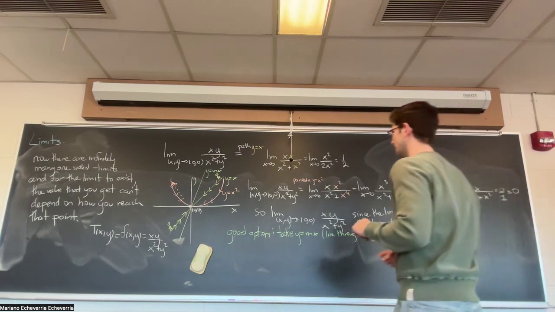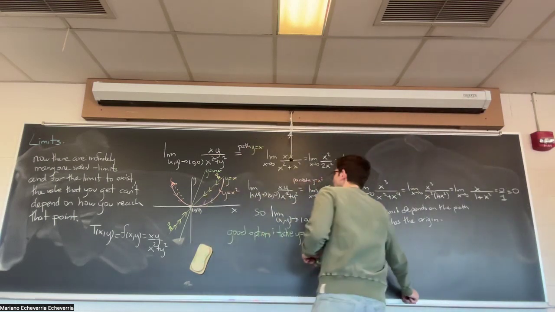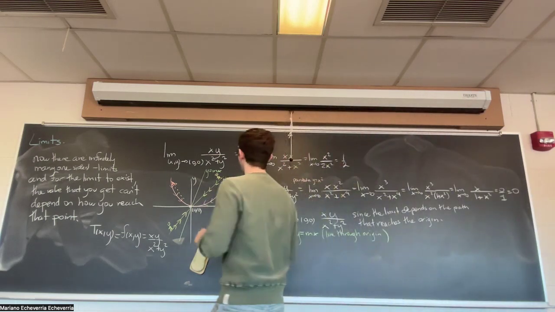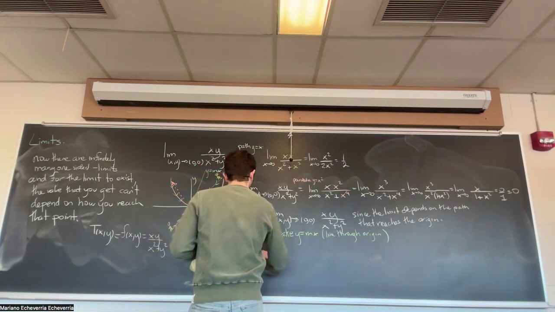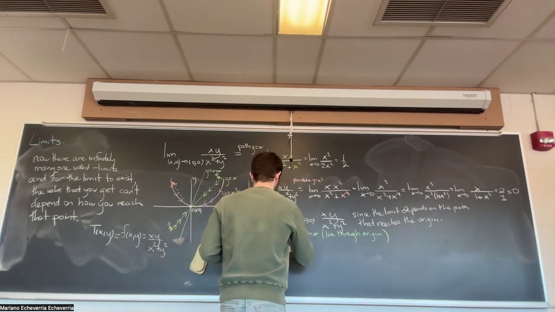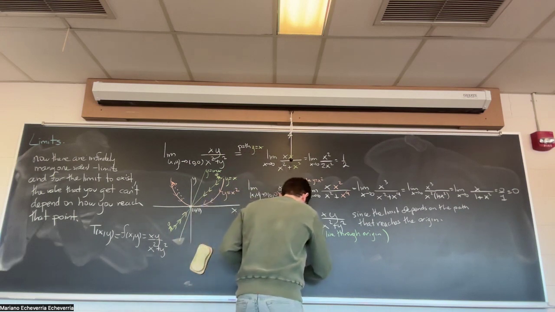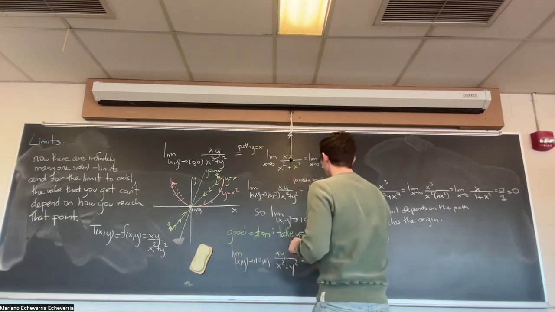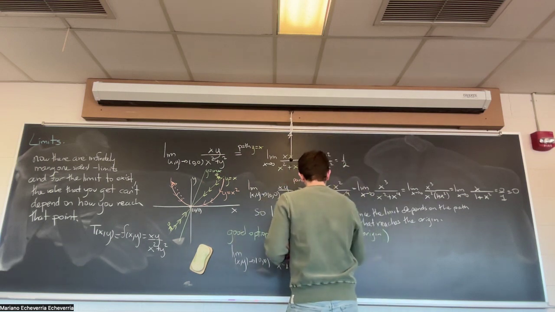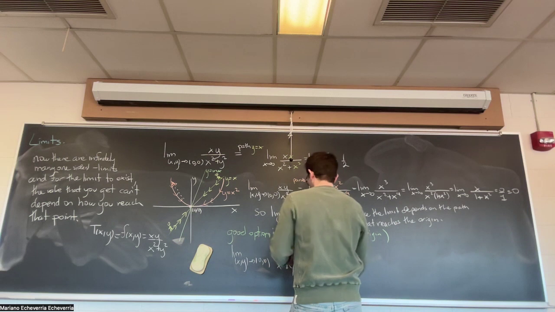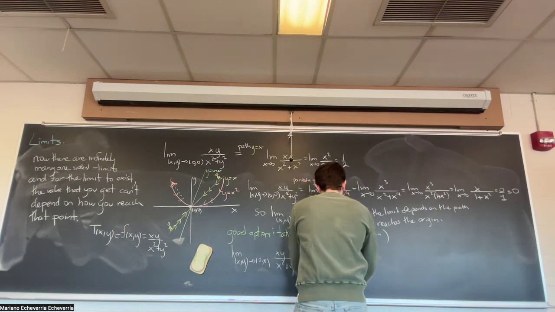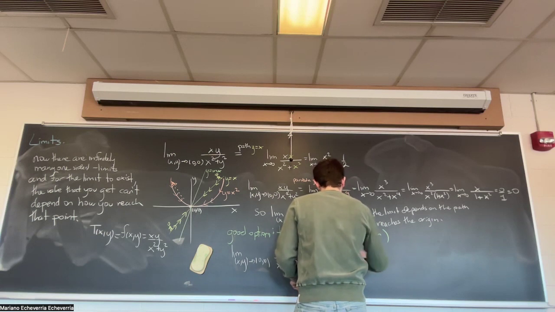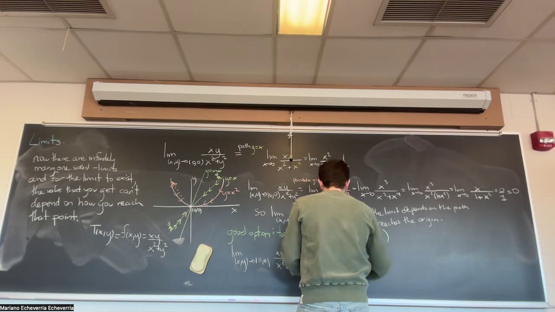What's the answer with this limit? Replace y with mx, so you get m x squared divided by x squared plus m squared x squared.